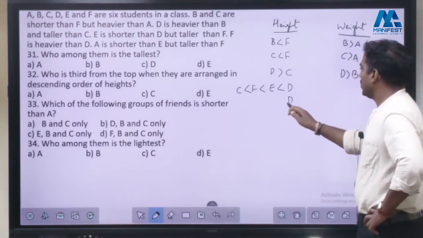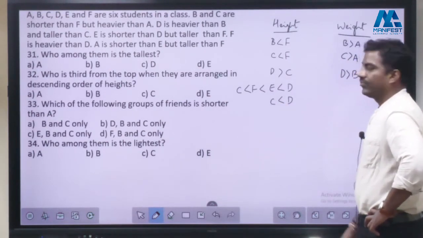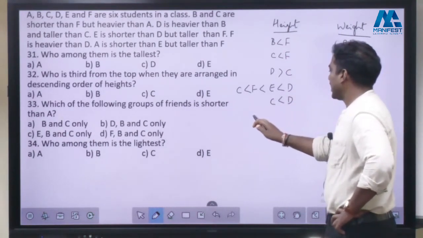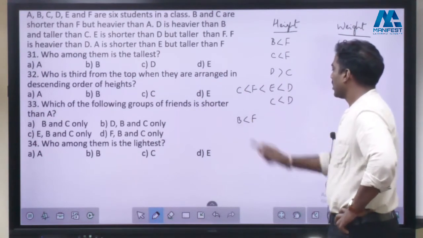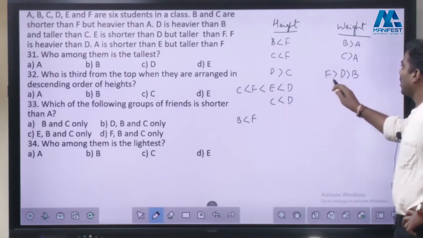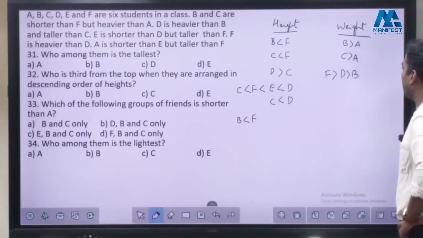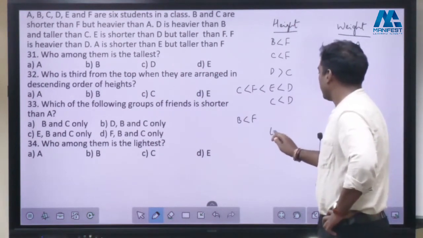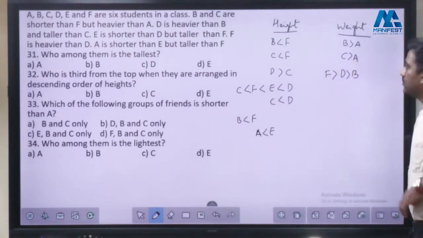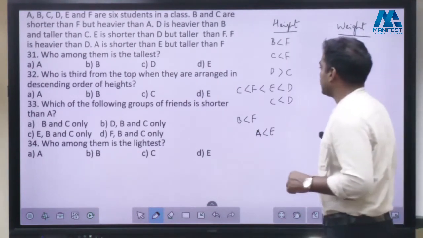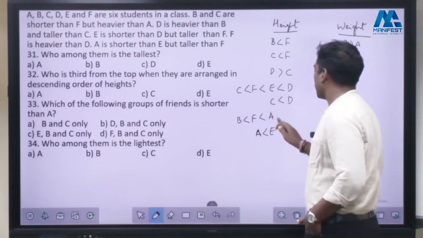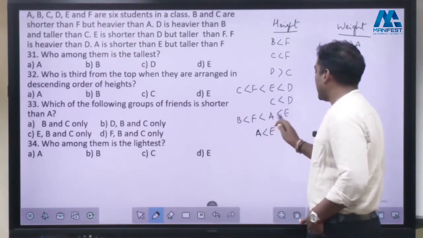And D is greater than C. So C will be smaller than D. Then B and F. B is smaller than F. Then F is heavier than D. A is shorter than E, but taller than F. A is taller than F. See, A and E I had taken like this.